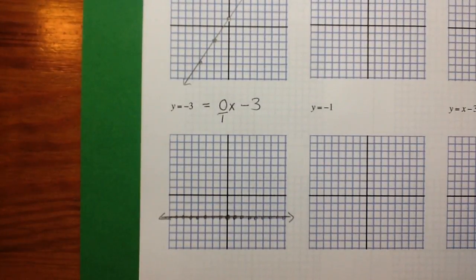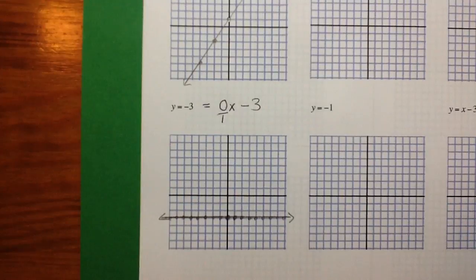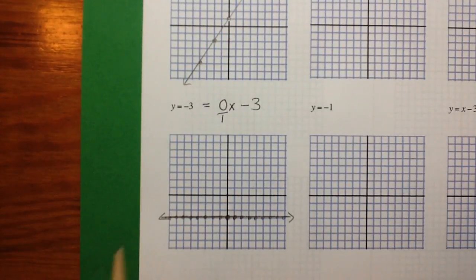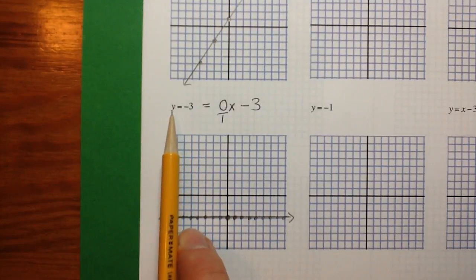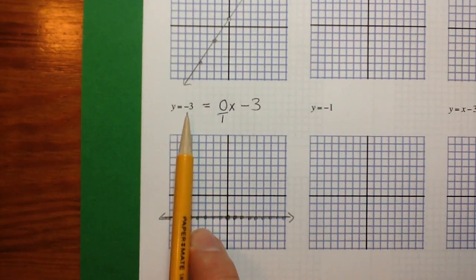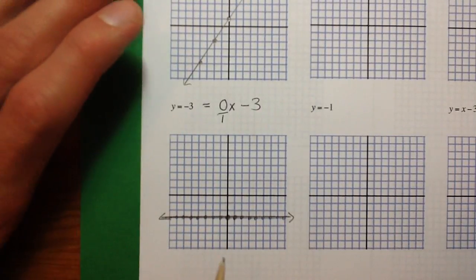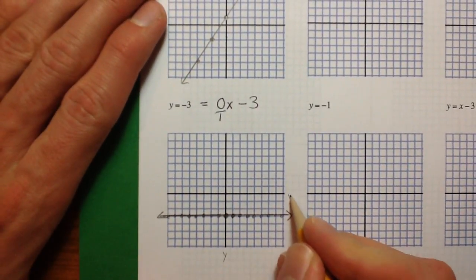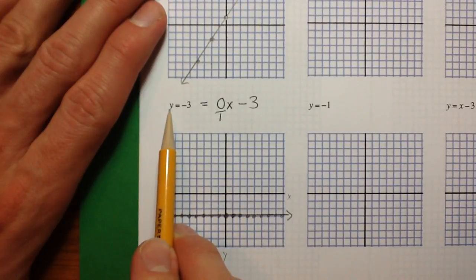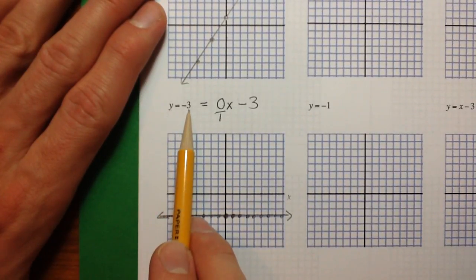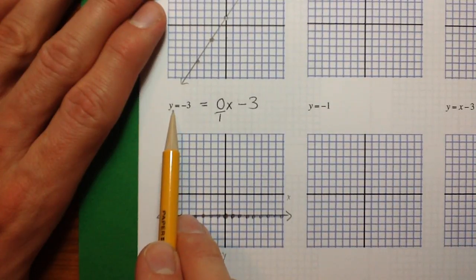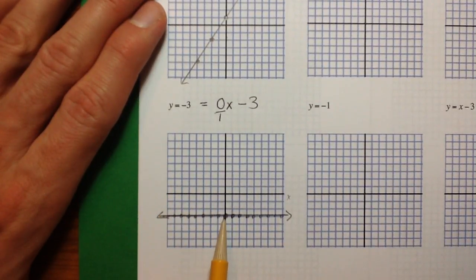Okay, let me show you the other way of doing it. This is the quick way. It's hard to explain, but this is the quick way. If all I have is one variable and a number, then follow me closely here, here's my y-axis, here's my x-axis. I'm going to cross the y-axis at -3, and I did just that.